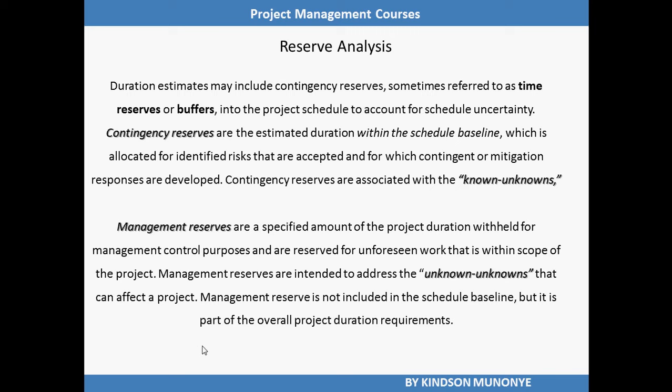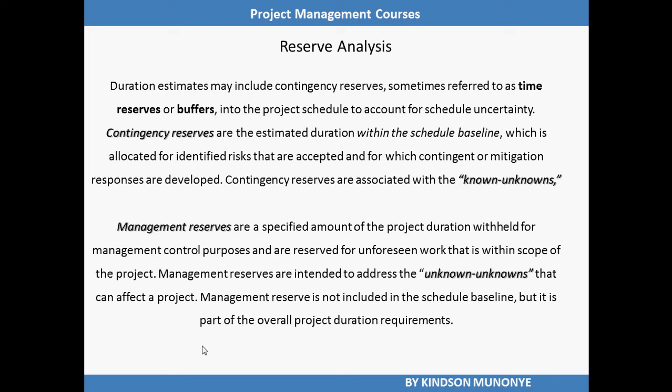What it means is you have identified a risk, you know this risk is real, it might occur, and then you plan for it. You reserve an amount of time for it. This amount of time you reserve for a risk that you know might happen is called contingency reserve, time reserve, or buffers, and it's associated with known unknowns.